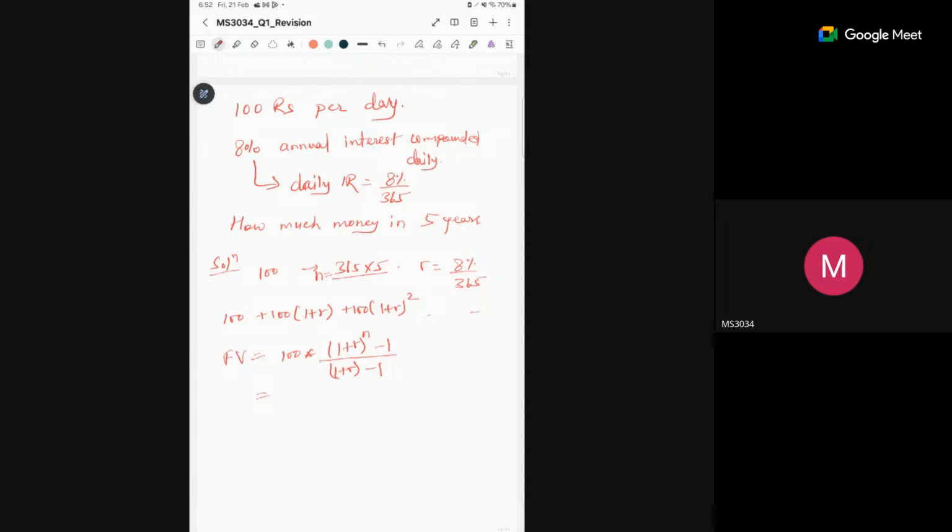I have computed this formula. The total N would be 1825, correct? Yes. Calculated using my calculator, it comes out the same as marked there, 224365.